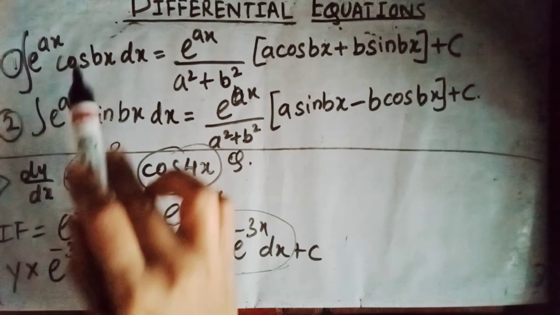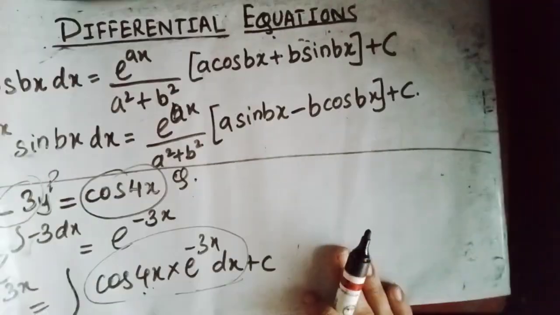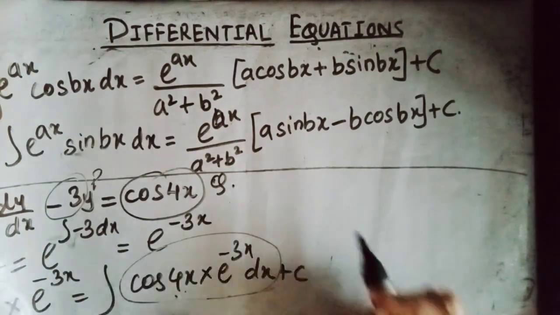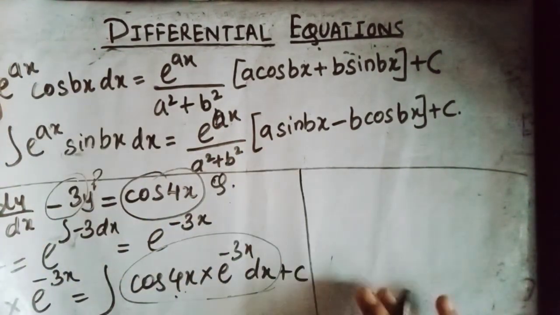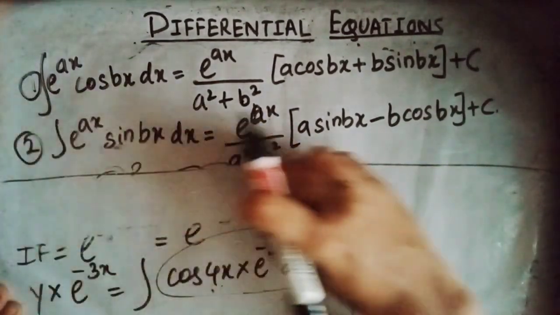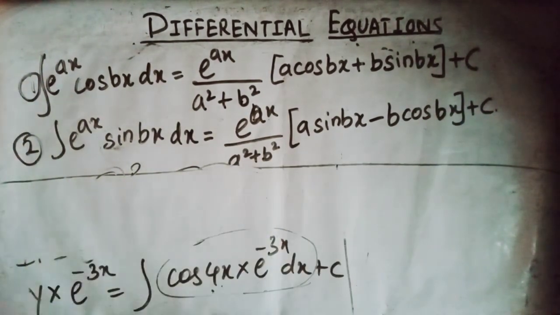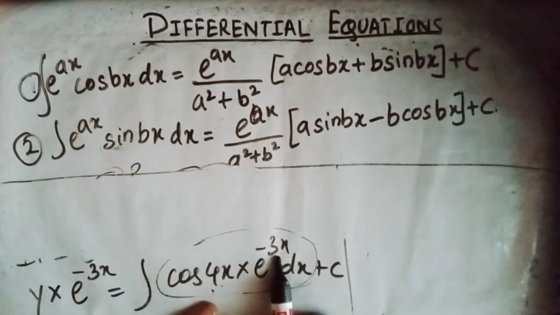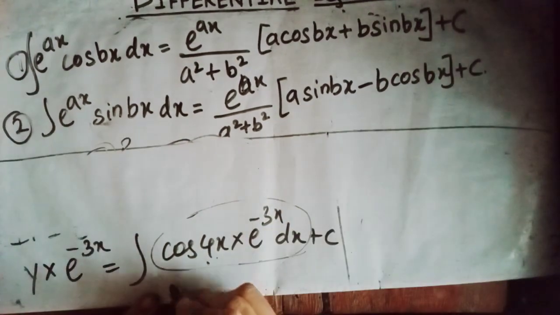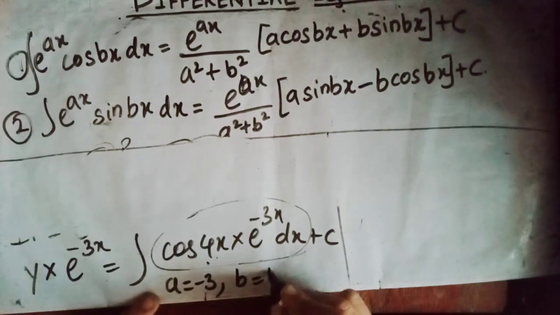Okay, now this is of this type of form, right? E raised to minus 3x cos 4x. So it is of the first form. So let's just apply that result. Okay, write it here. So our a is minus 3, right here. A is minus 3 and b is 4.